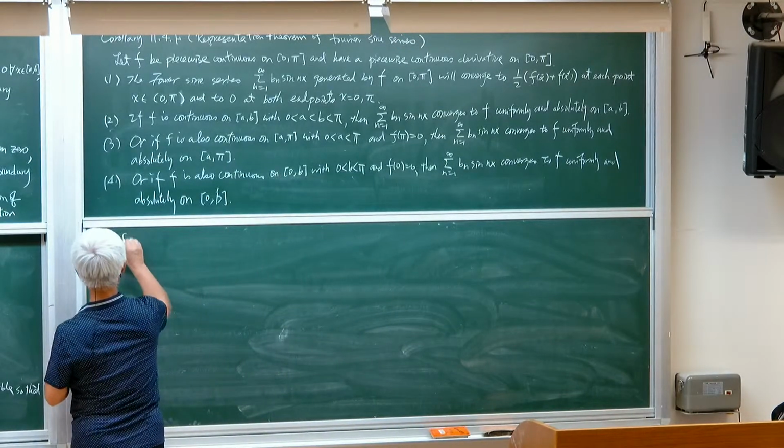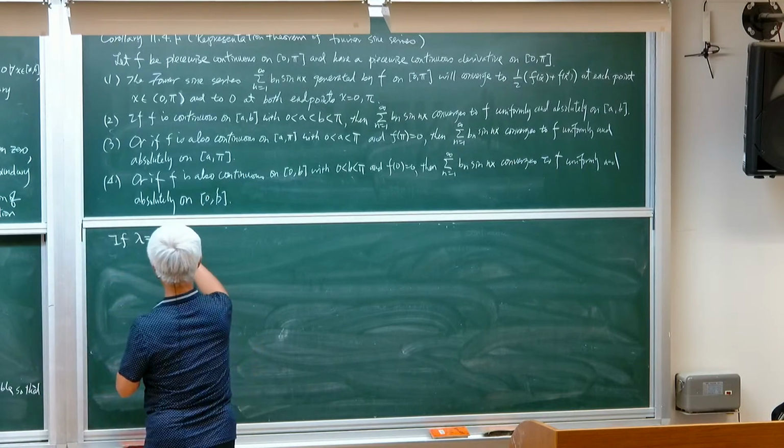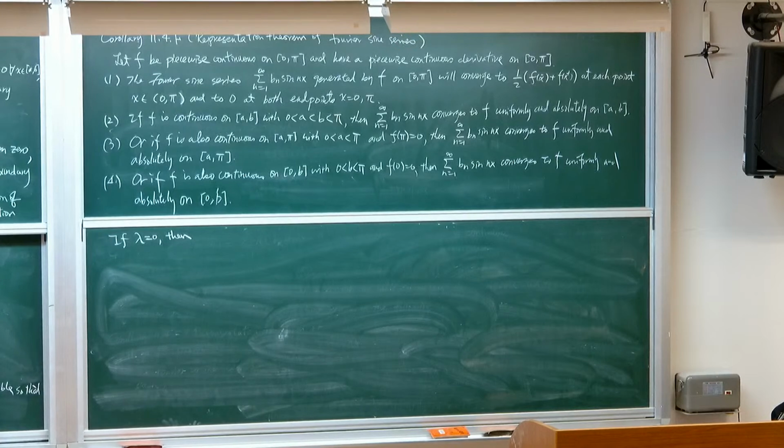Now when lambda is 0, we have y double prime equal to 0.